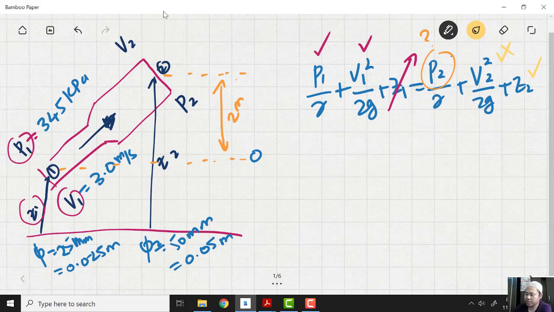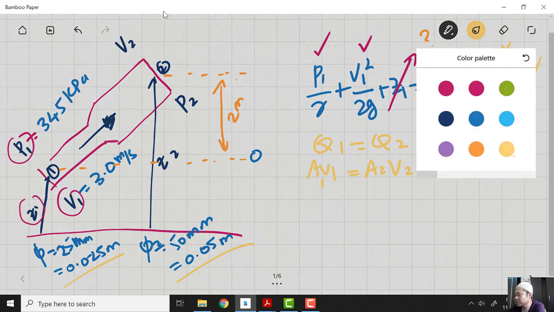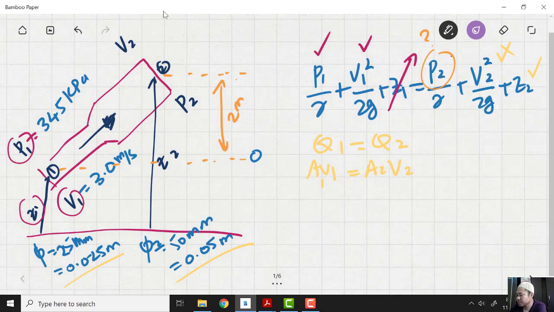Since they have given the value of the diameter of the pipe, we can use the continuity equation, Q1 equal to Q2, A1 V1 equal to A2 V2, to find the value of V2. So you can rewrite the equation as V2 equal to A1 over A2 times V1.